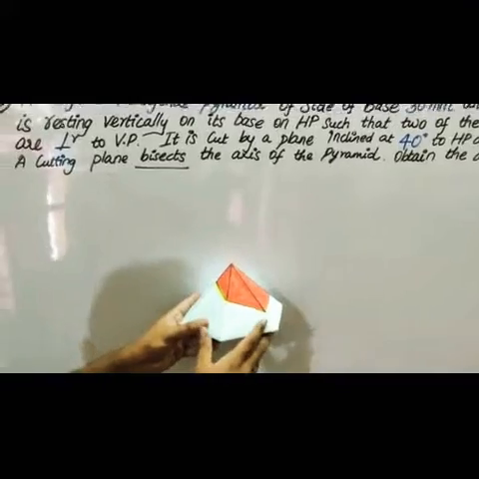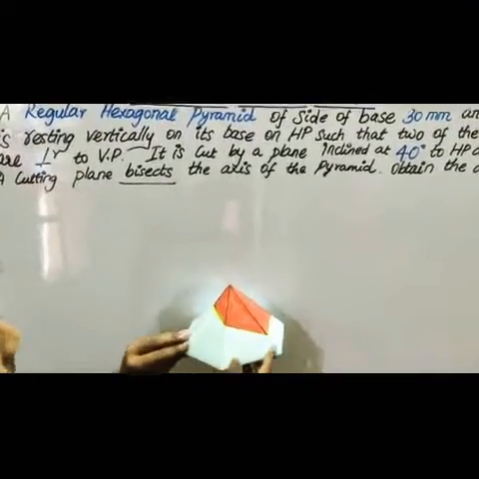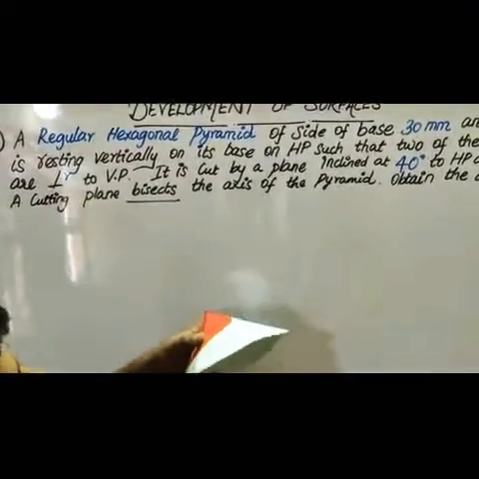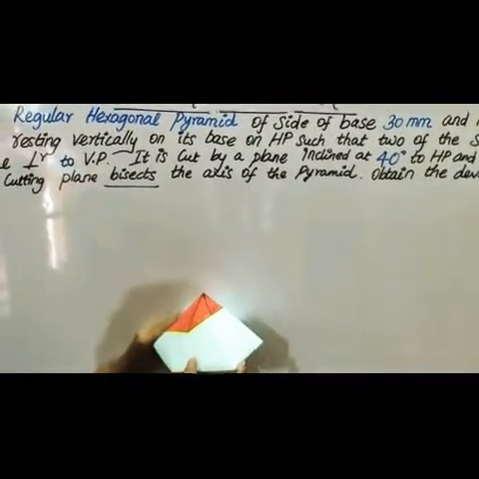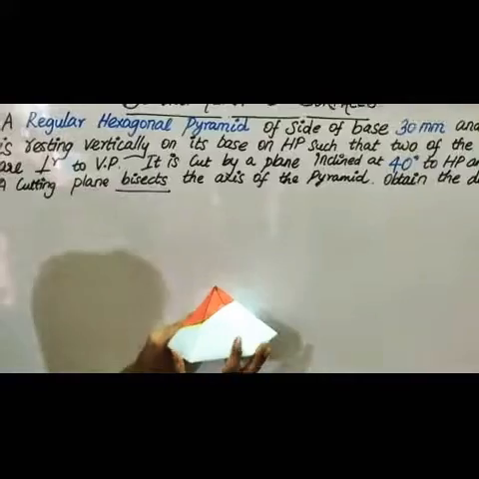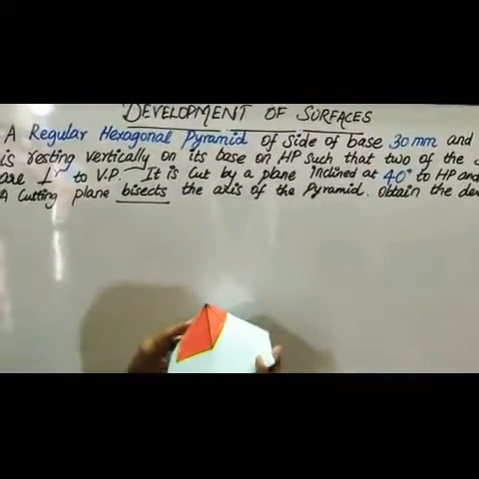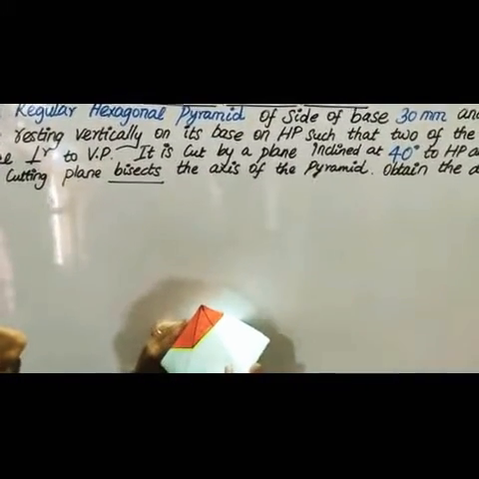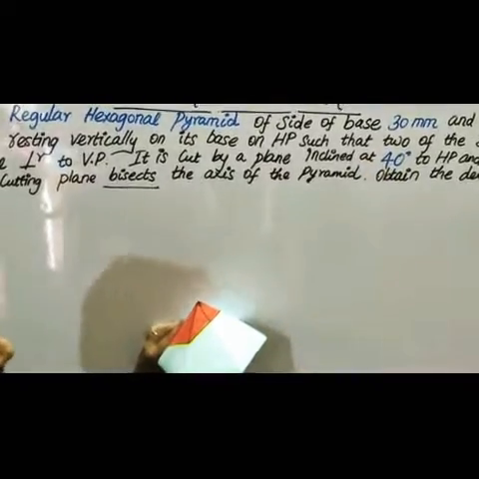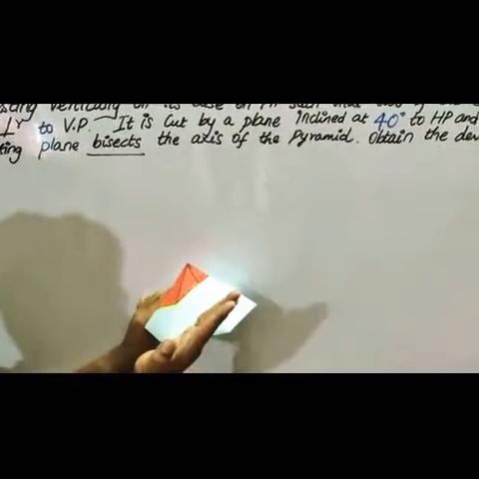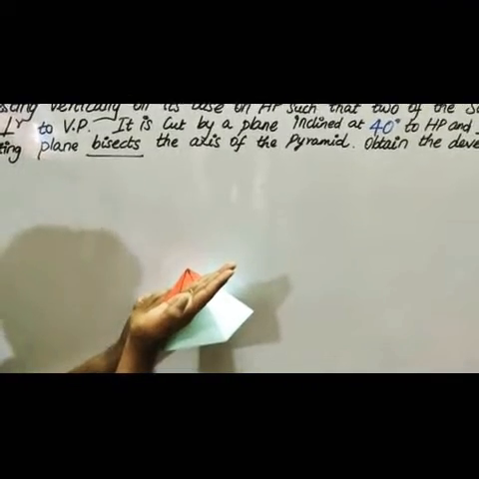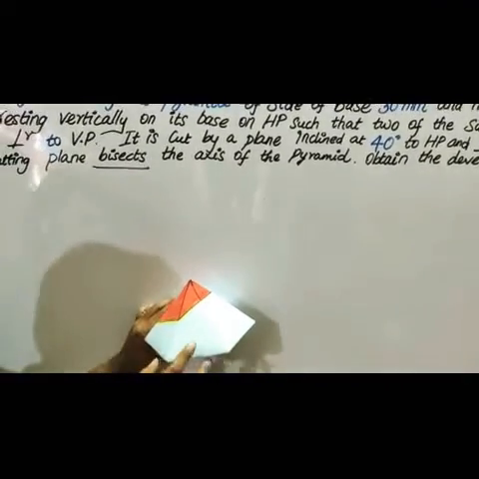Now for the cutting plane, what is the constraint given? It is cut by a cut plane. The portion which is shown here is the cutting position. So the cut plane is inclined at 45 degrees to HP. So in the HP inclination of 45 degrees I am going to make a cutting plane. That is one constraint, the angle constraint.